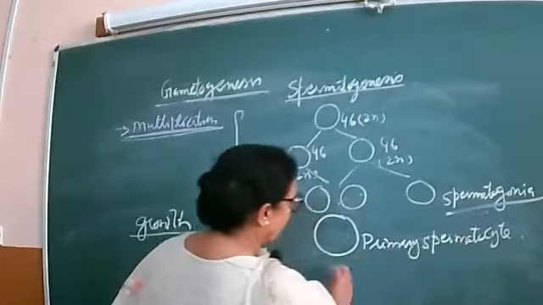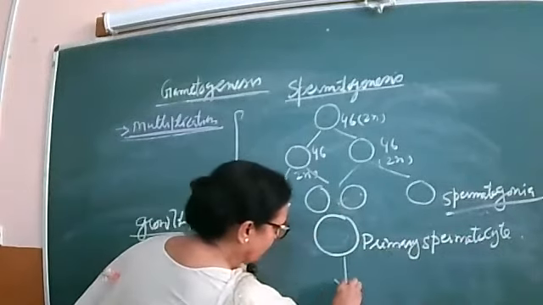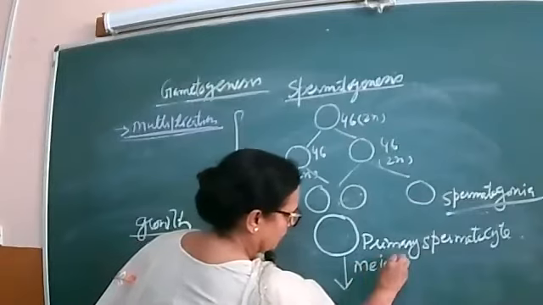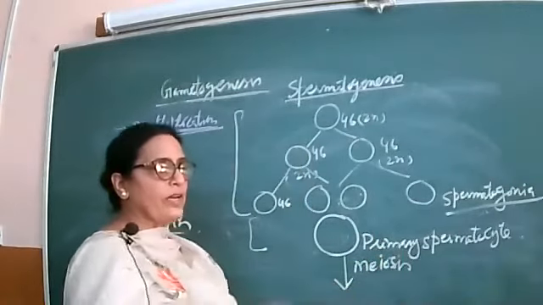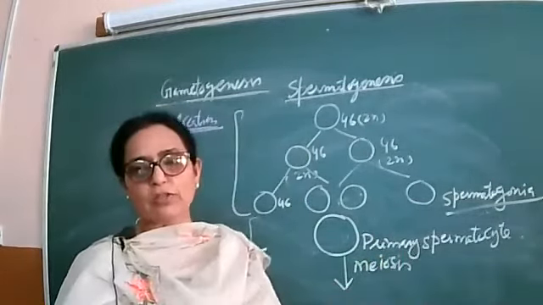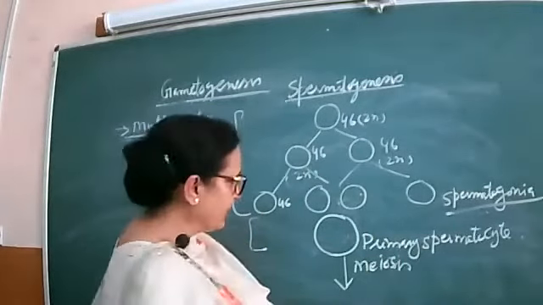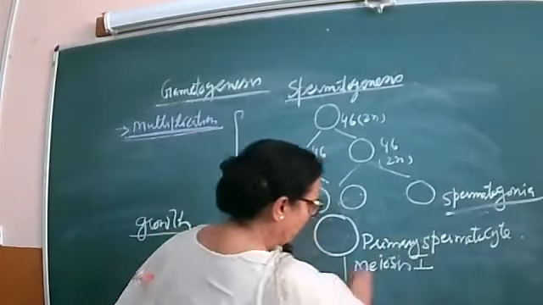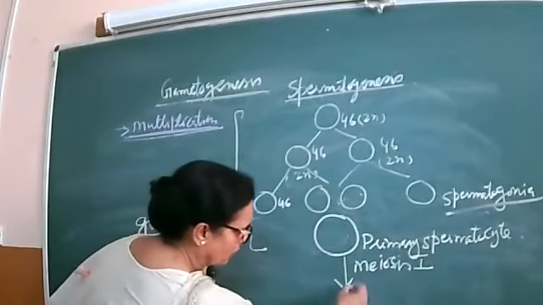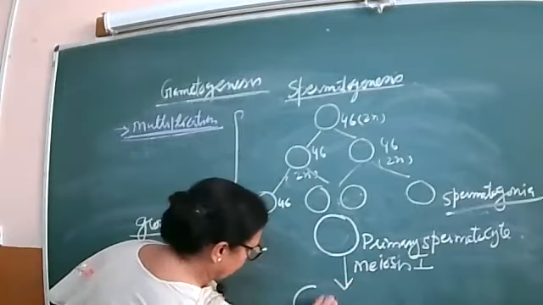So the primary spermatocyte will undergo meiosis 1. Meiosis is completed in two stages, meiosis 1 and meiosis 2. When meiosis 1 takes place, it will result in the formation of two cells.